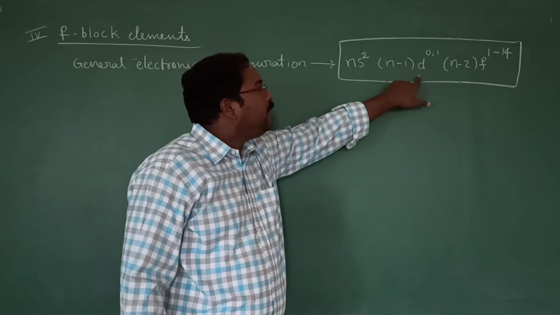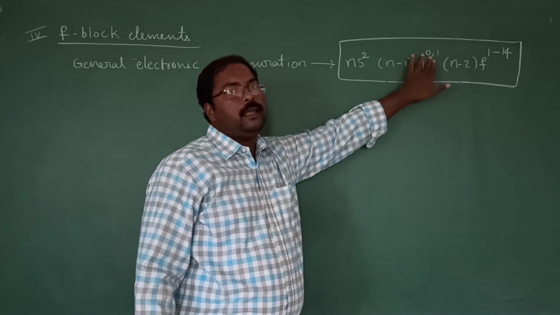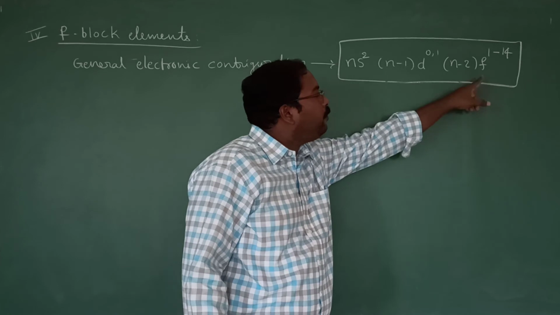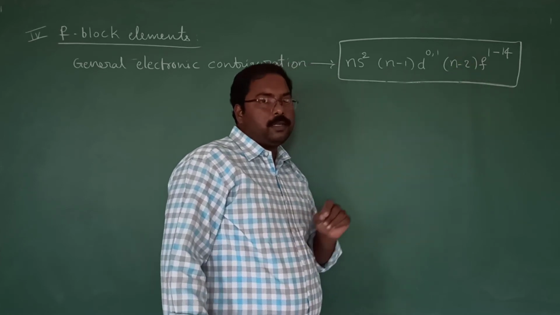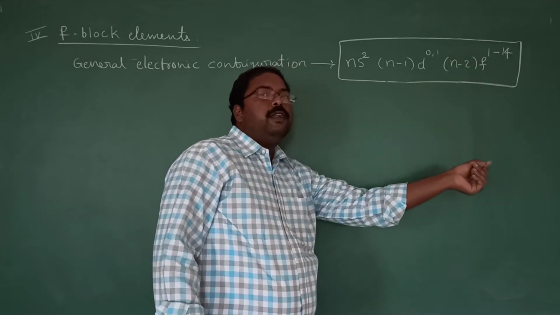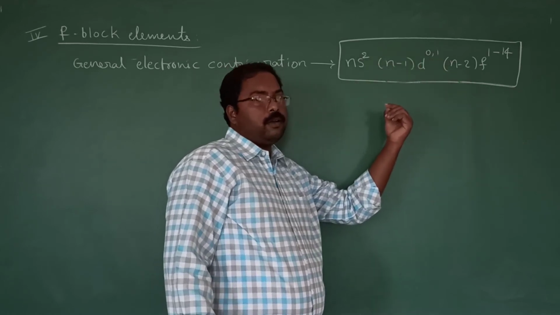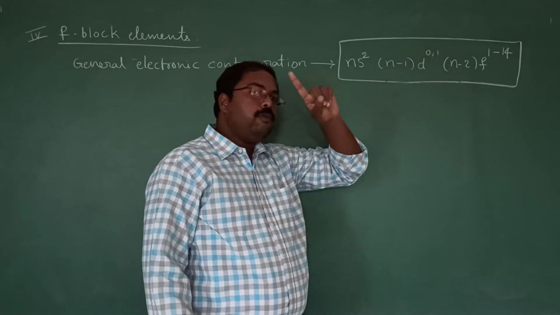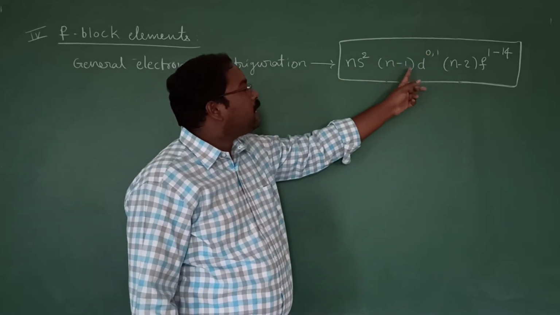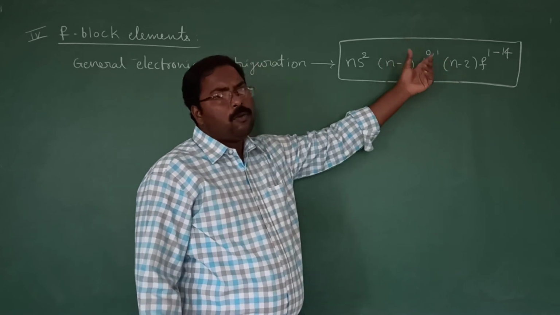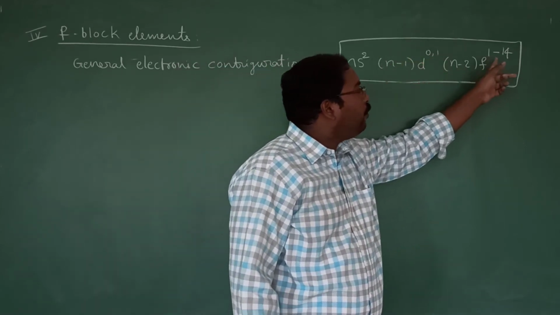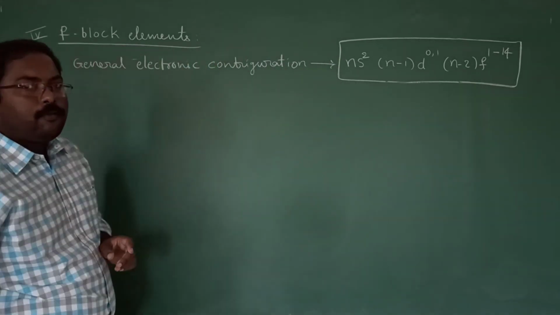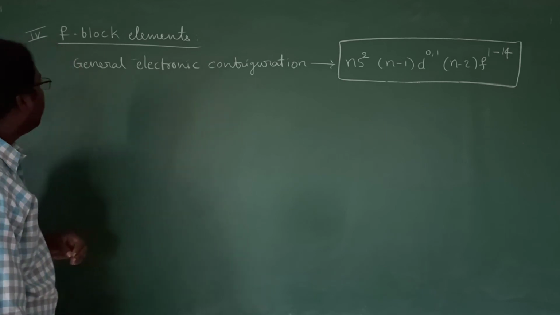In most cases the d will have 0 electrons only, but in very rare cases, to get a half filled or completely filled configuration, one electron from the f orbital will jump into the d orbital. So that is why in most cases d is 0, but rarely it will have 1 electron. That is why (n-1)d 0 or 1, and (n-2)f 1 to 14. So this is the general electronic configuration of F block elements.